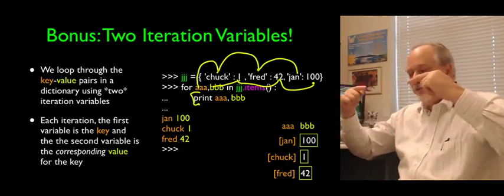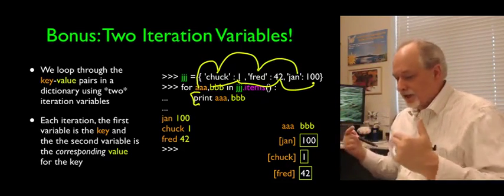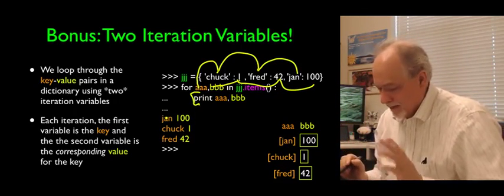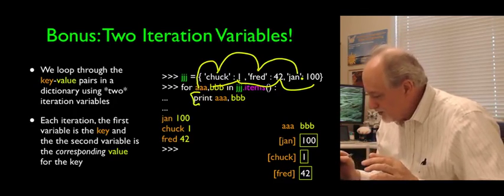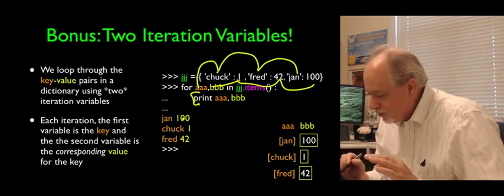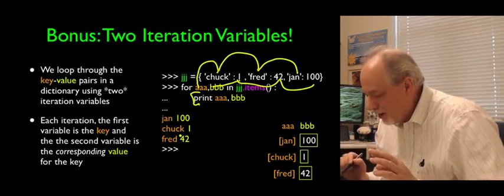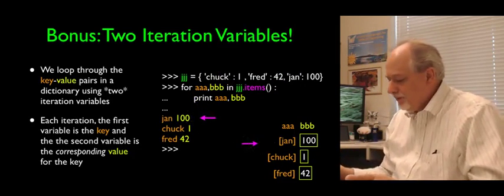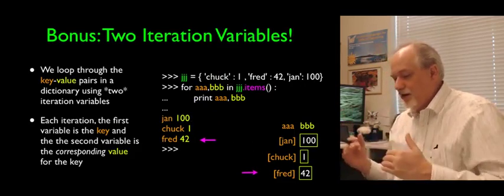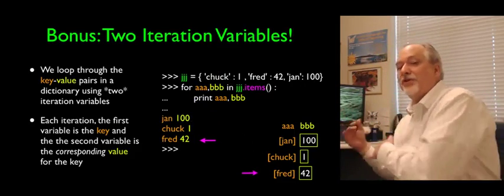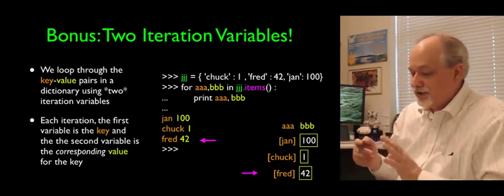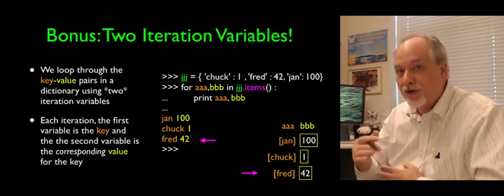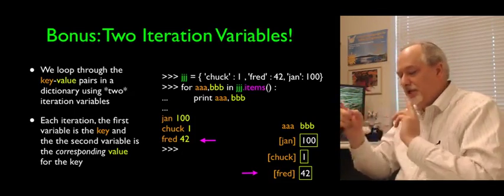So they are moving in a synchronized way. Now, again, the order Jan, Chuck, Fred is not the same, but the correspondence between Jan 100, Chuck 1, and Fred 42 is going to work. As these things go, they work their way through whatever order they're stored in the dictionary. So this is quite nice: 2 iteration variables going through key value.